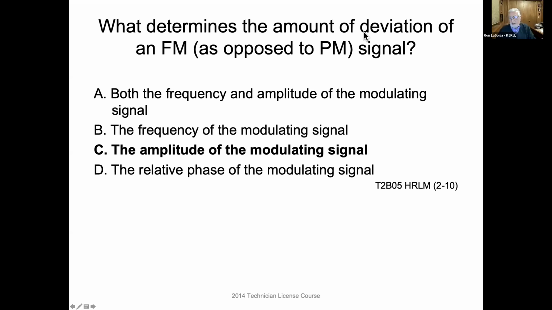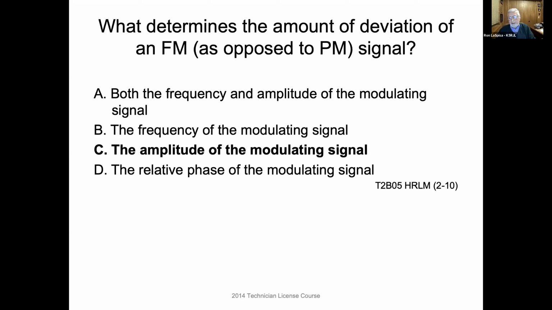The amplitude of the carrier is never going to change. And so when you speak louder, you're going to get more frequency change in the carrier. If you're going to sing at a higher frequency or a lower frequency, that's going to change how far apart those high frequencies and low frequencies are in that picture.